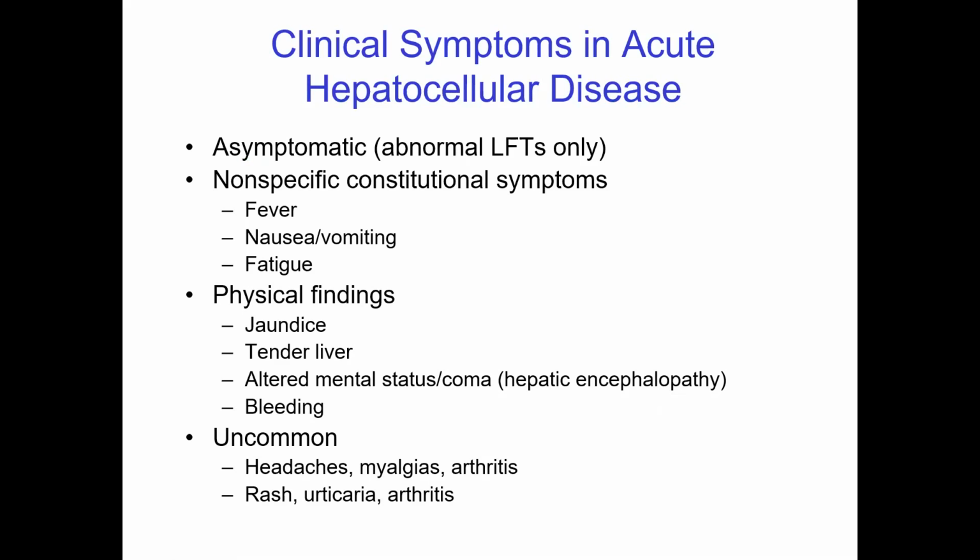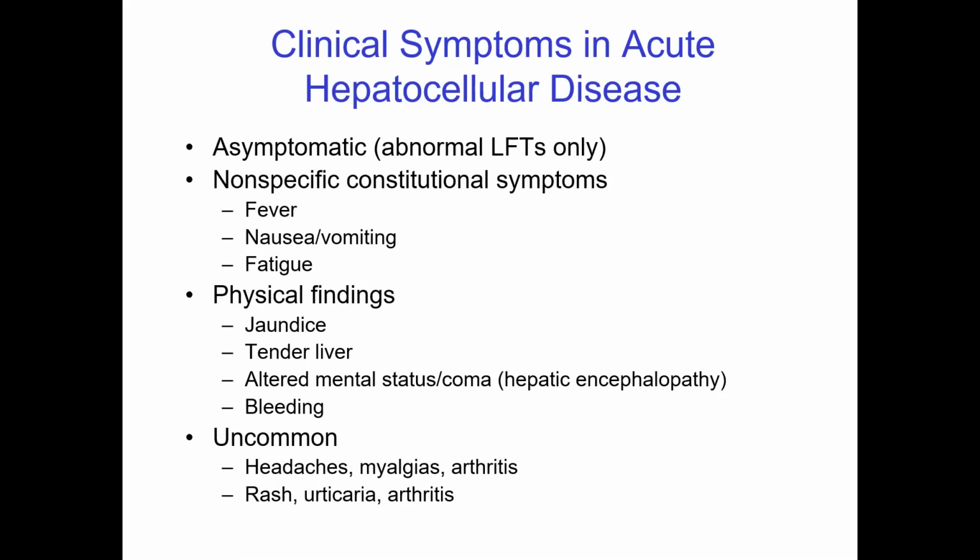You could also have jaundice, but they can be non-specific symptoms like fever, nausea and vomiting, also fatigue, physical findings of jaundice, as I mentioned earlier, and a liver that is tender to palpation. You could also have altered mental status, and even coma, especially in relation to hepatic encephalopathy or accumulation of urea in the blood. You could also have bleeding.